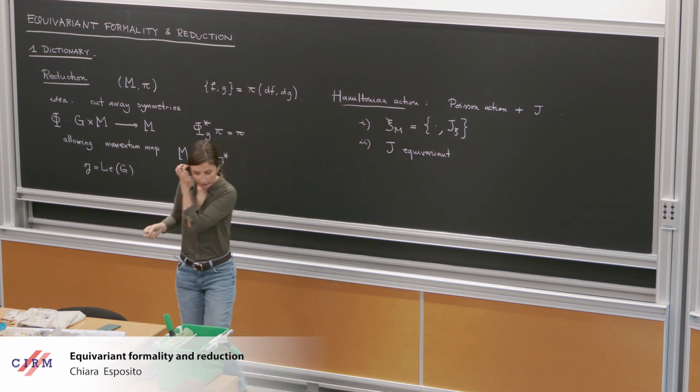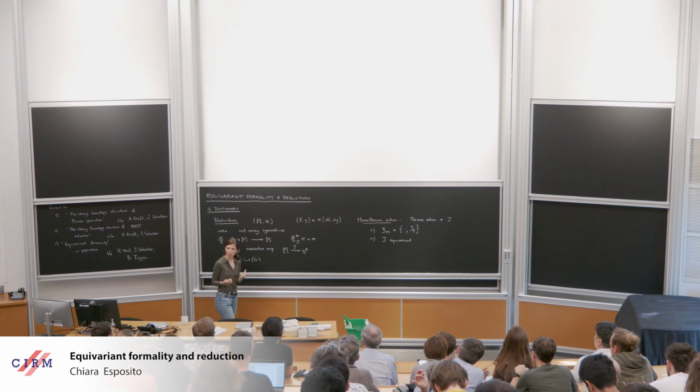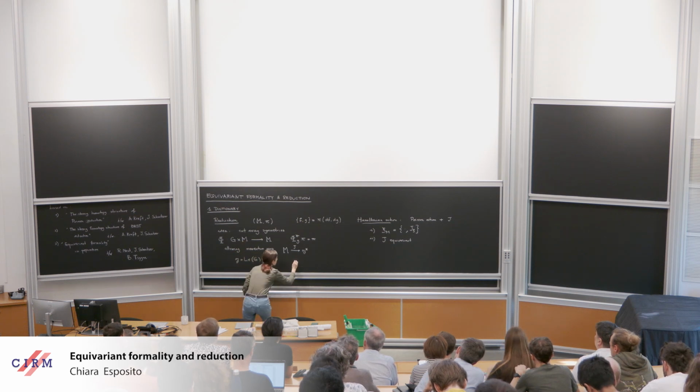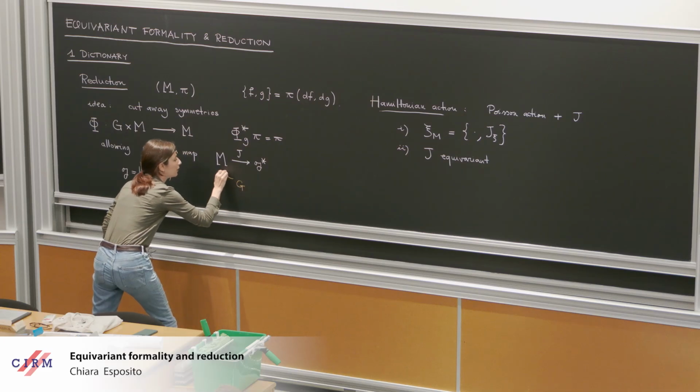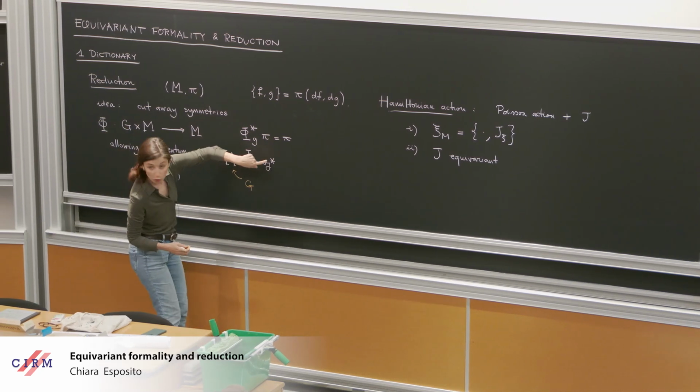Keep in mind what equivariant means, because this is somehow the title of my talk. Equivariant to me always means intertwining the action. Here, for example, intertwining the action means that you have your Lie group action, and here you have the coadjoint one.